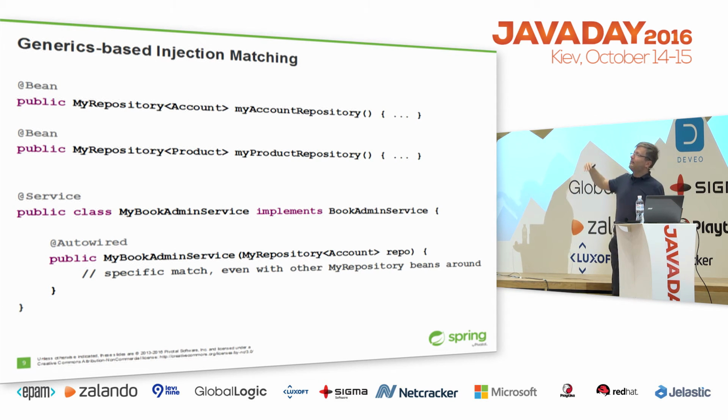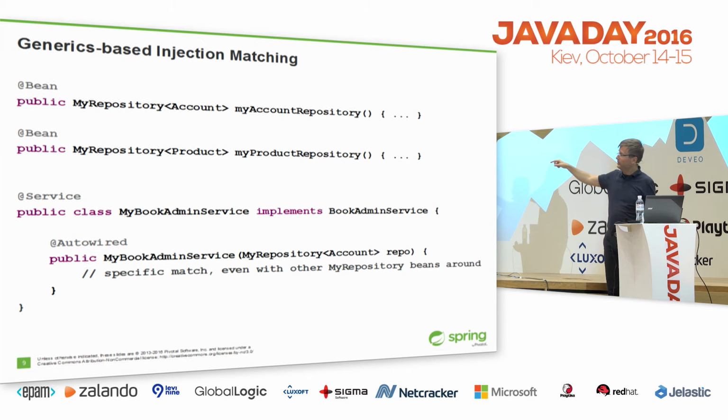Now, in another part of your code base, usually not in the same classes, but in some configuration class somewhere in your code base, you would have some admin methods. And let's again assume that we have two admin methods, myAccountRepository and myProductRepository, and they declare a MyRepository of Account and of Product in their return type. This is actually significant. Pay attention to the admin return type declaration.